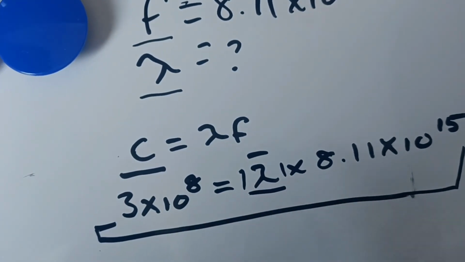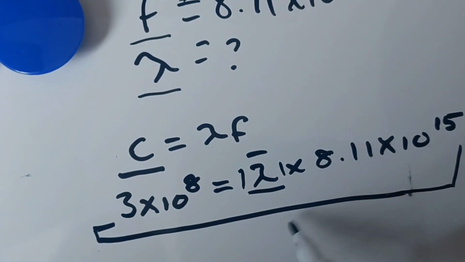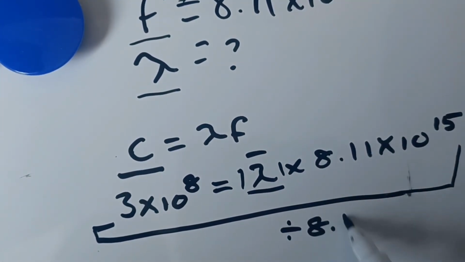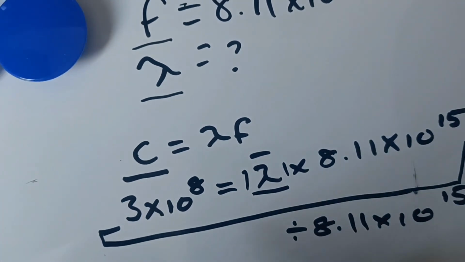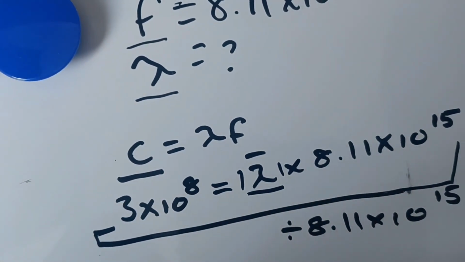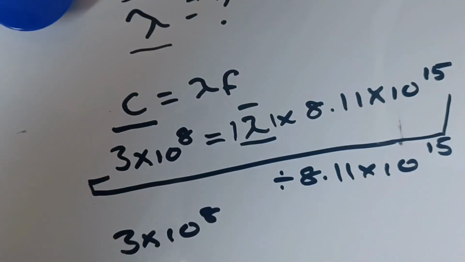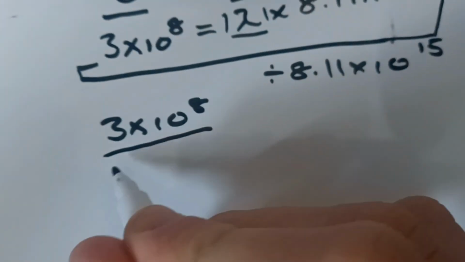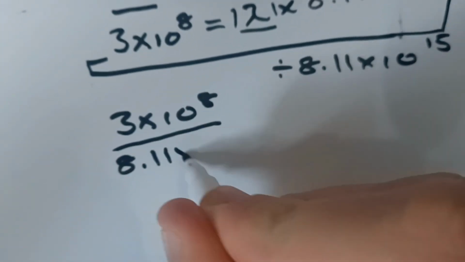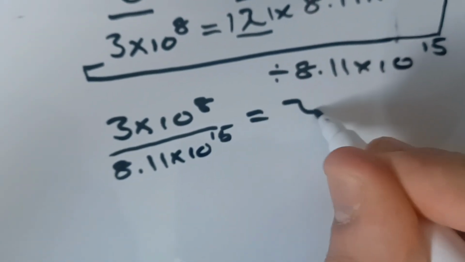So after rearranging by dividing by 8.11 times 10 to the 15, we get 3 times 10 to the 8 divided by 8.11 times 10 to the 15, and that equals our wavelength.